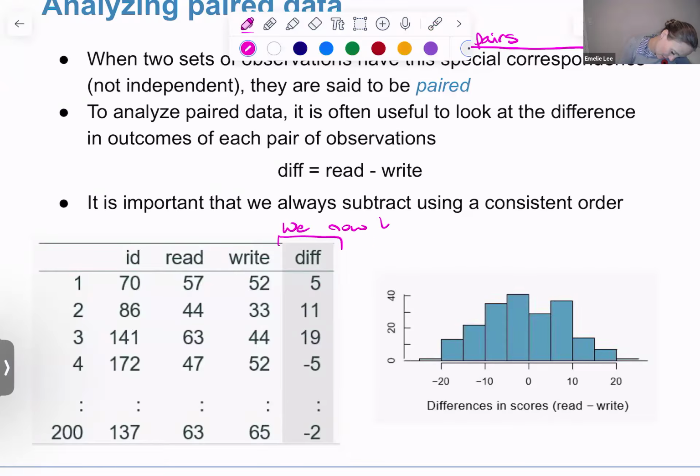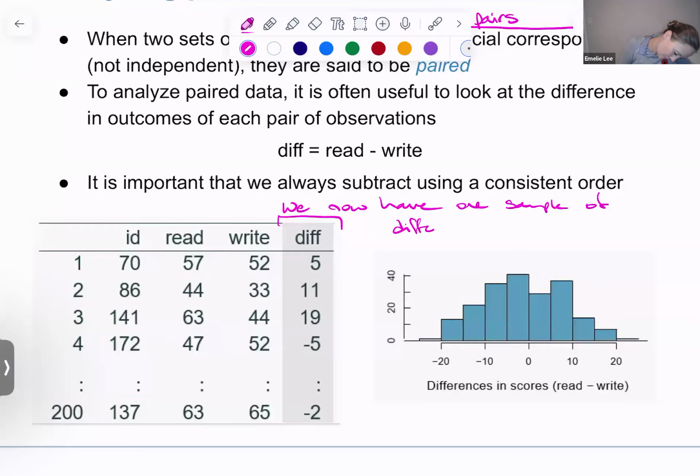We can take this one sample and make a histogram. It looks approximately normal, and I'm happy with that. We can look at the distribution of the differences and notice that they're centered on 0. That's going to be useful.